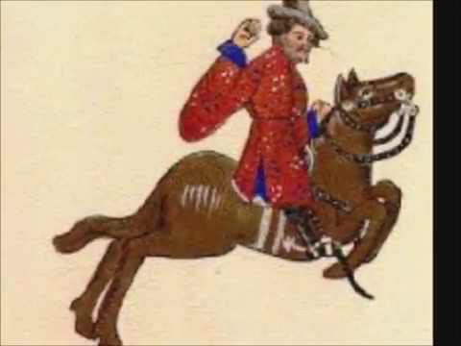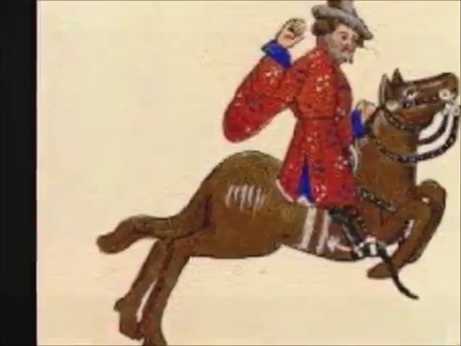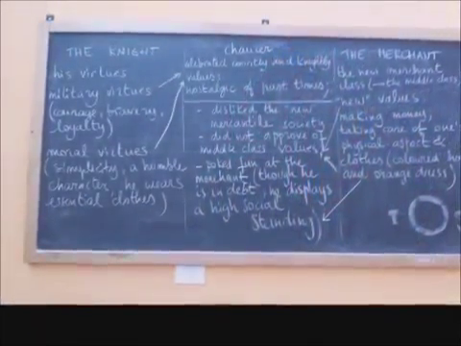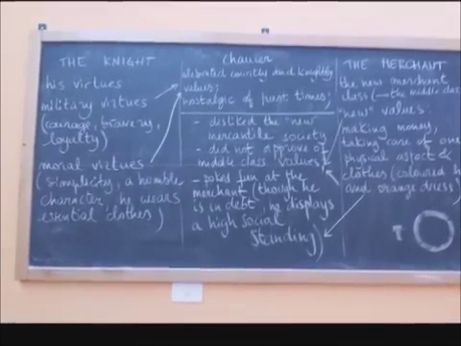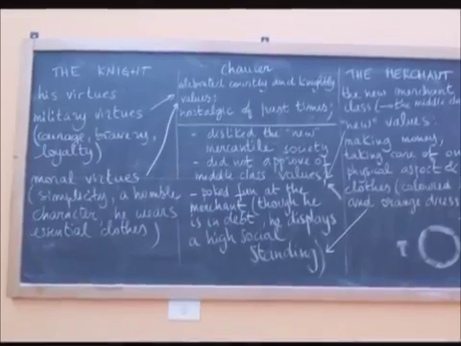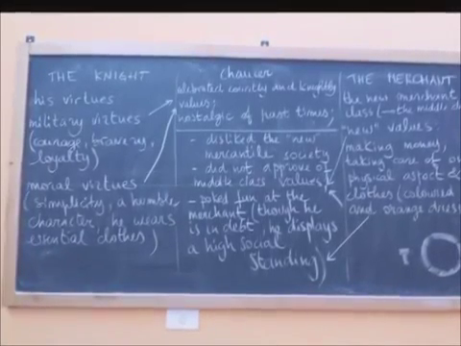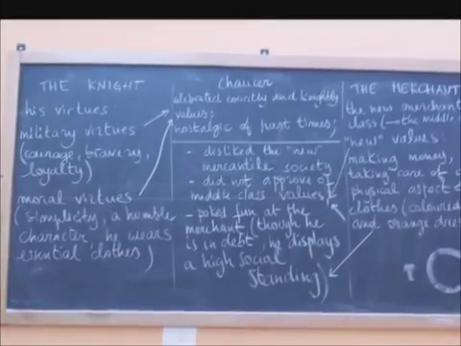The knight is opposed to the merchant because Chaucer had a strong position for the classical courtly and knightly values, and at the same time against the new mercantile society based on middle class values. Let's have a look at the knight.